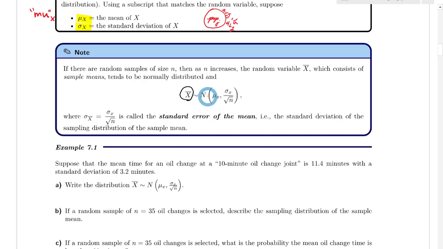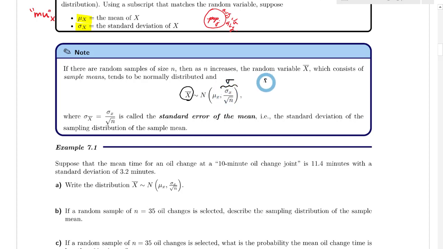is a normal distribution such that mu sub x, the mean with respect to the sampling distribution, comma, and then this whole thing replaces the population standard deviation that we had in chapter 5 and 6.